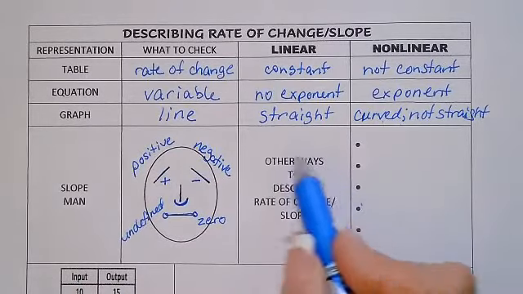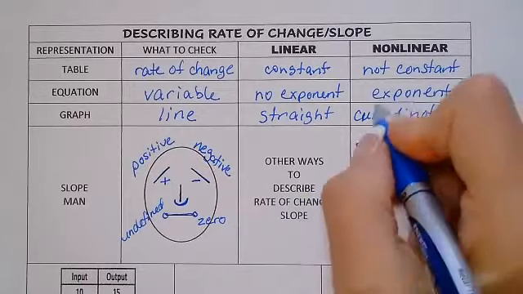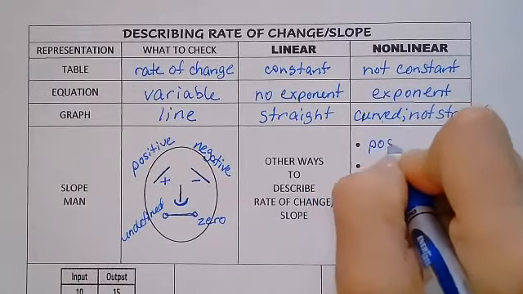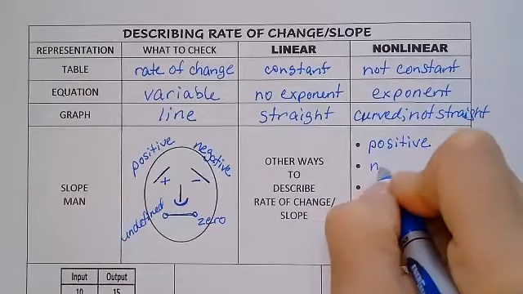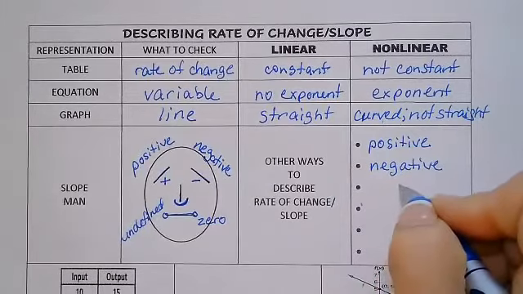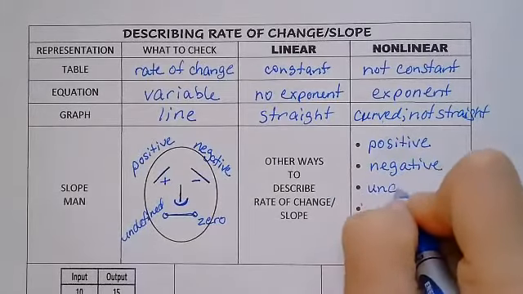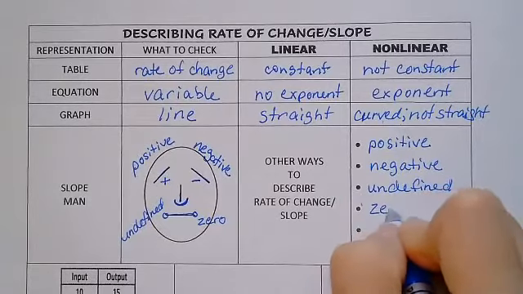All right, here are other ways to describe rate of change or slope. So we can use the words positive, which we got from SlopeMan, or negative. We can say undefined, or zero.